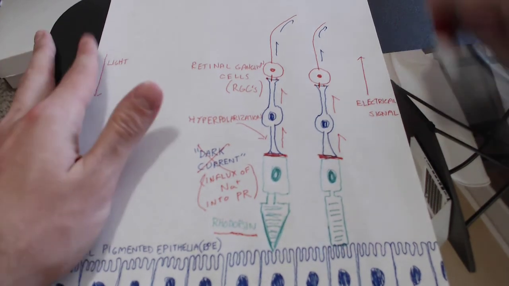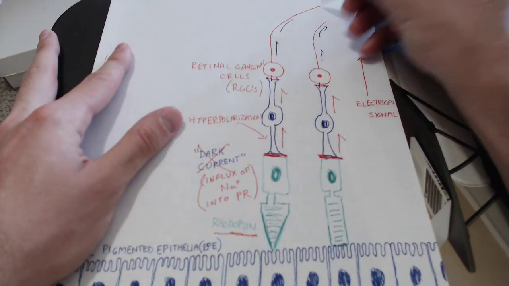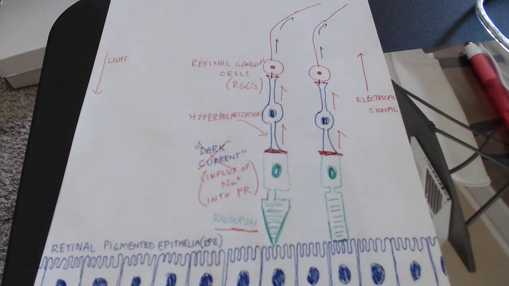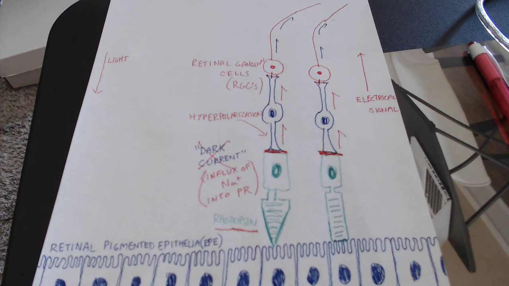And this is important because the axons of these retinal ganglion cells, which are going off the screen here, all converge and form a bundle, which we know better as the optic nerve. The whole optic nerve is basically just a big, tightly packaged bundle of retinal ganglion cell axons.